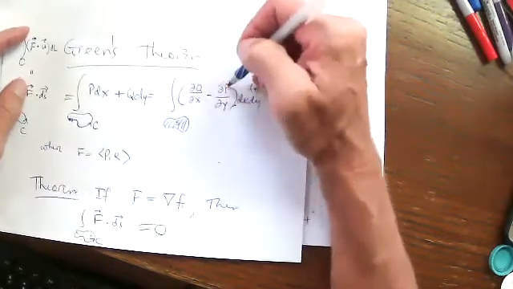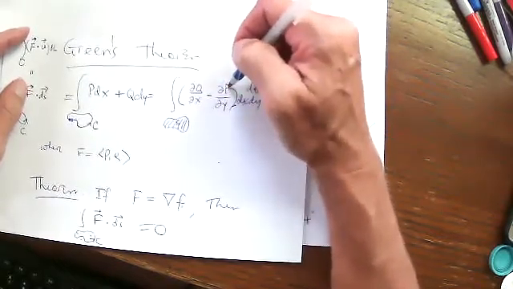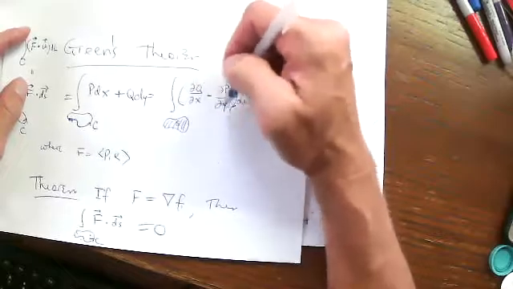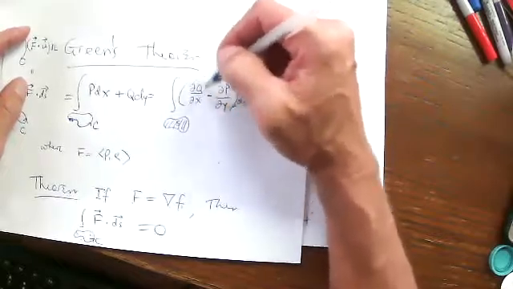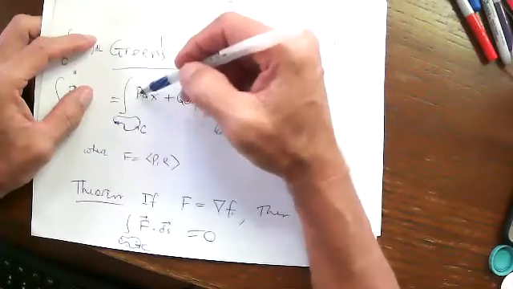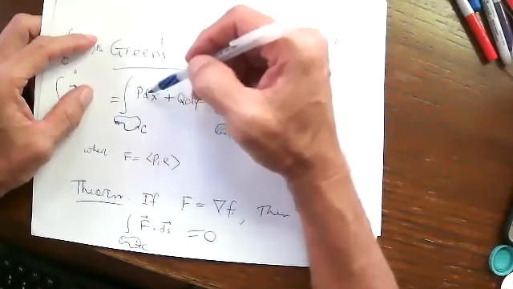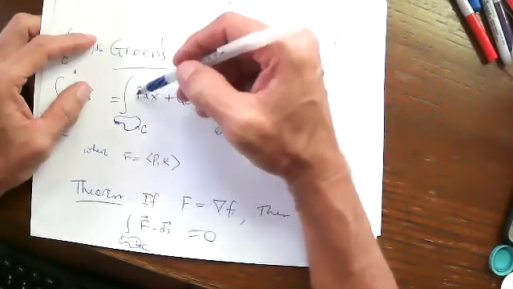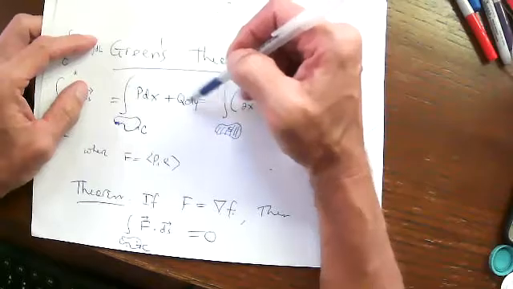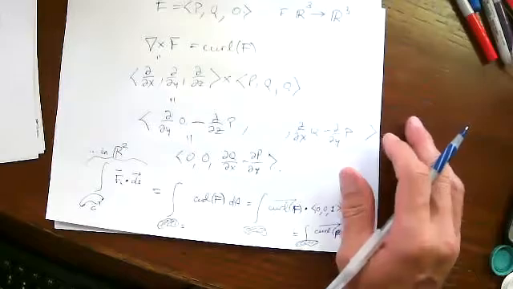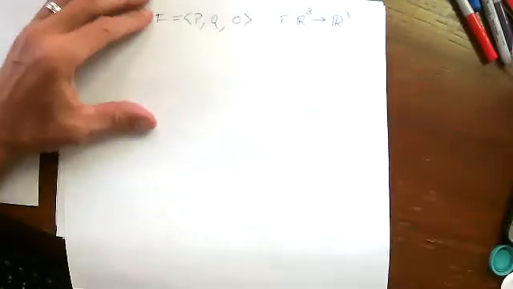I'm always tempted to start alphabetically with P and have the downstairs variables go reverse alphabetical, but it turns out, no. You're differentiating the coefficient of the dx with respect to y, and the coefficient of the dy with respect to x, and it's all confusing. So here is another way to write this in a way that might appeal to you.